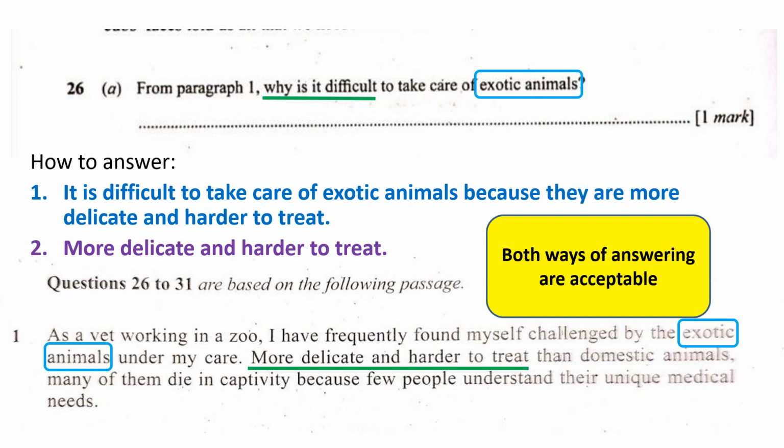However, for the English paper, it is acceptable if you only give the correct answers. Because this is comprehension, pemahaman, we want to see whether you faham or not. So giving the correct answer shows that you faham. So it's okay to give a short answer as long as the answer is correct.